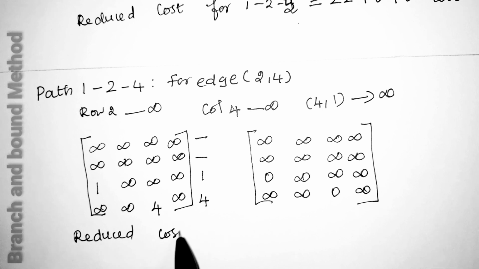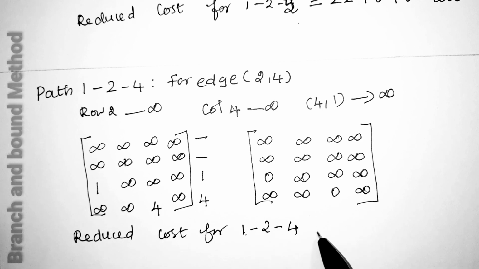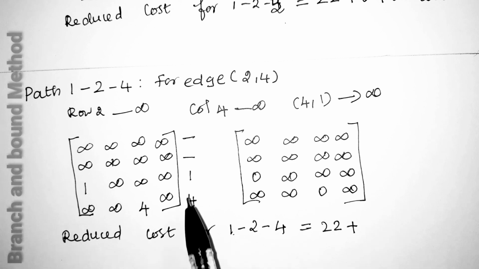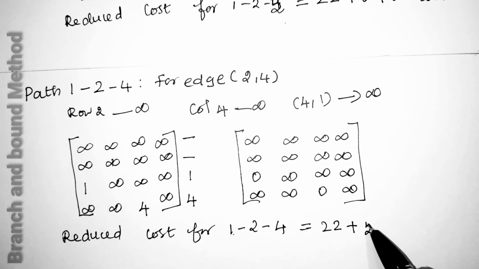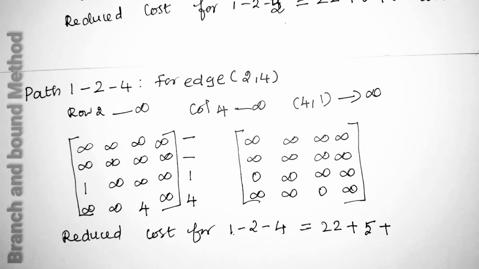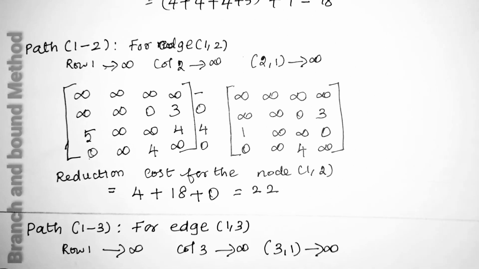The reduced cost for 1, 2, 4 is nothing but the reduced cost for node 2, the parent node, which is 22. The reduced cost for node 4 is 1 plus 4, which is 5, plus the node value for 2, 4 in the reduced matrix.